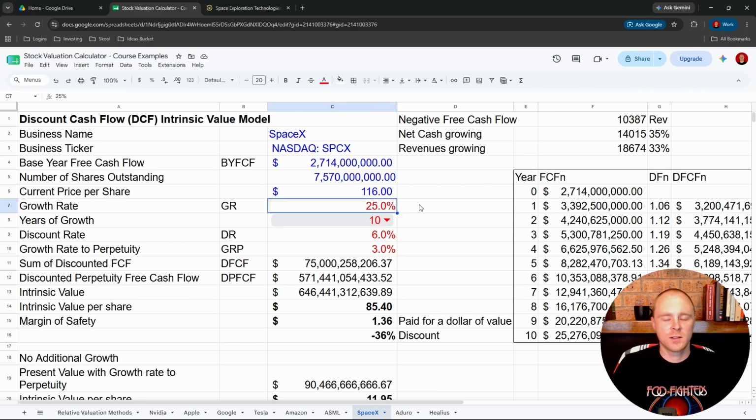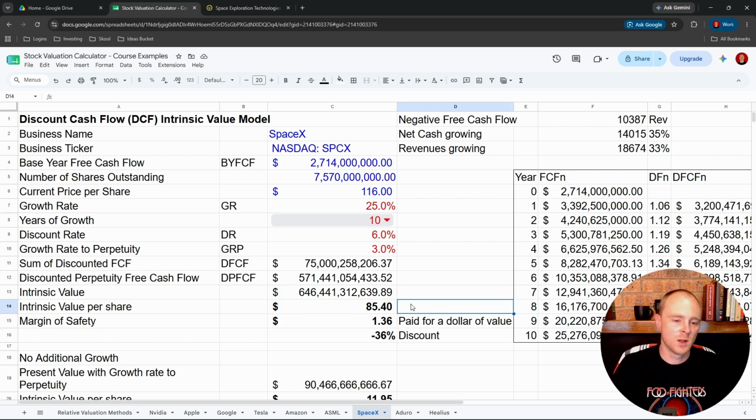So being on the high end of my estimates, we get $85 per share, which is, we're effectively paying 36% more. So we're paying $1.36, sorry, paid for $1 of value.